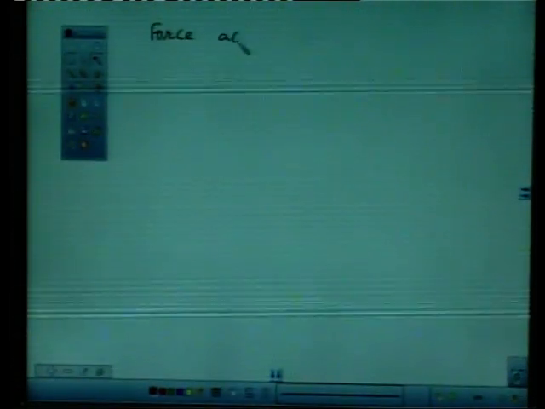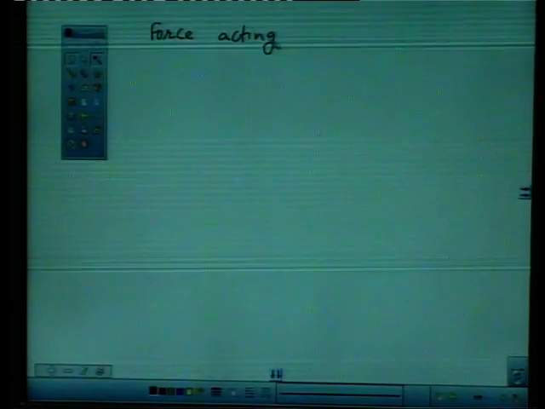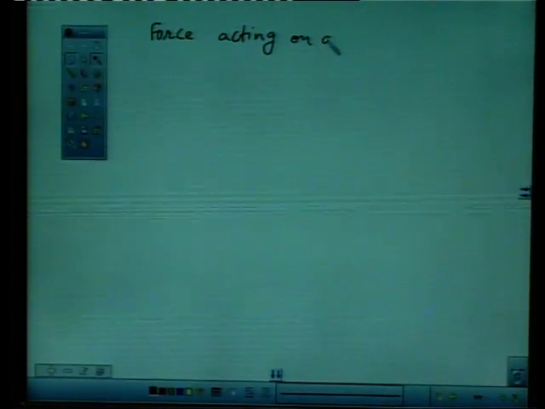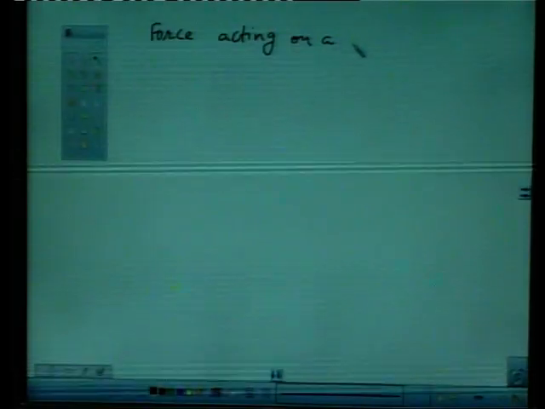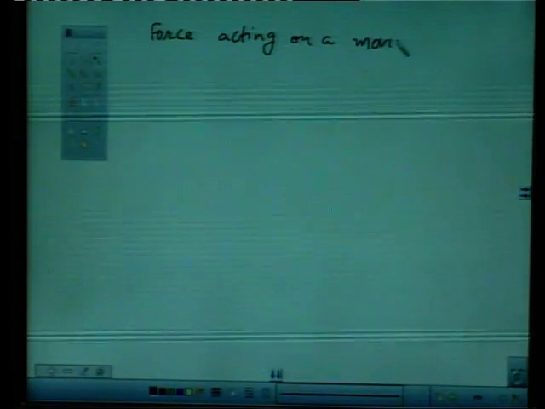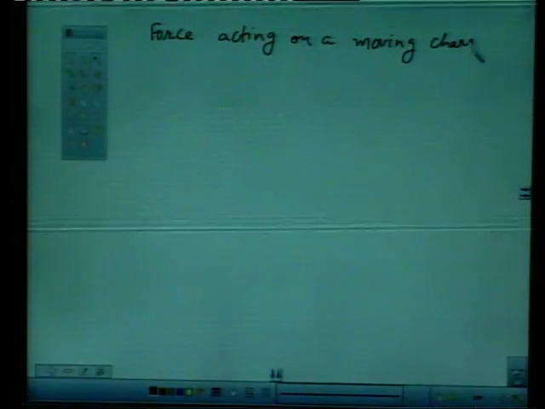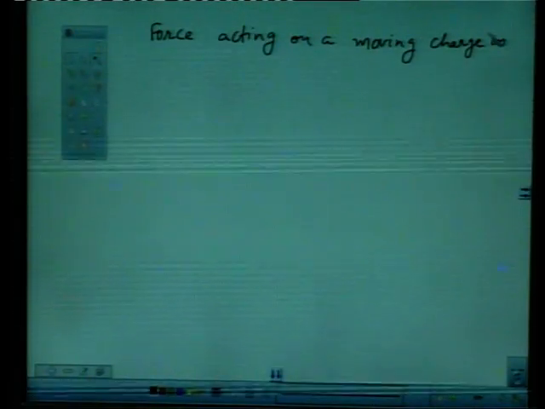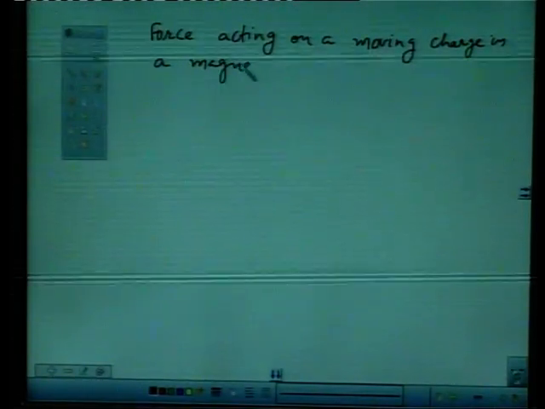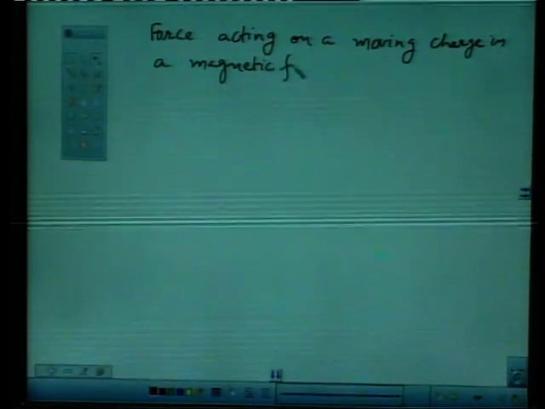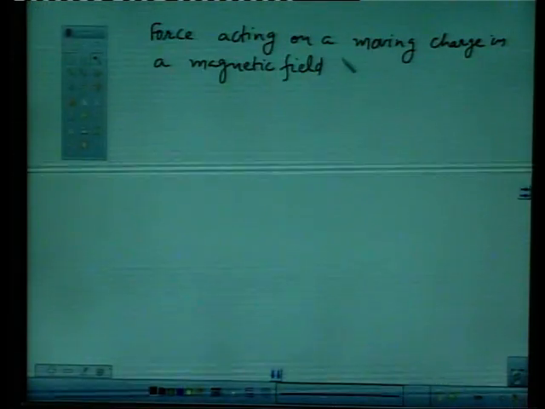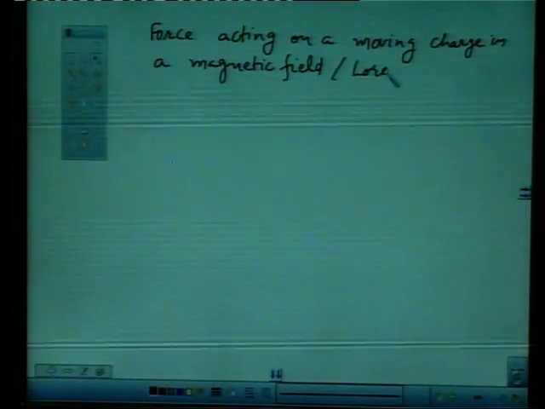Now next is the force acting on a moving charge in a magnetic field, or Lorentz force.